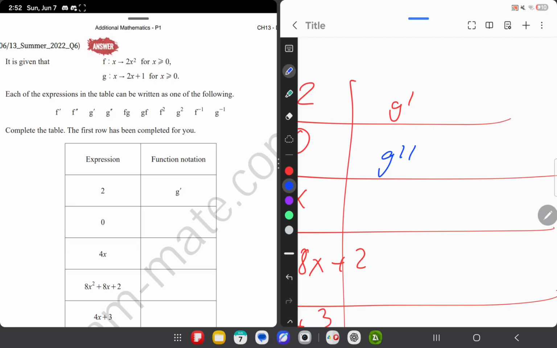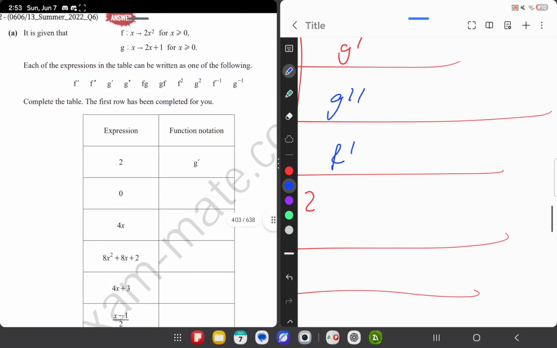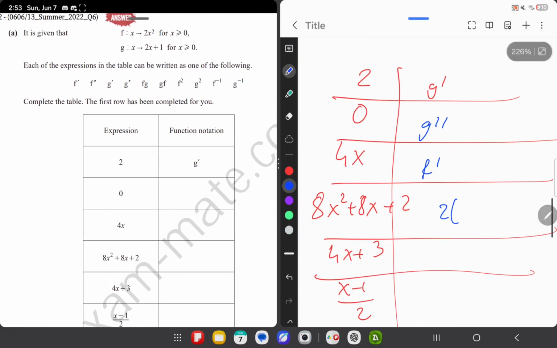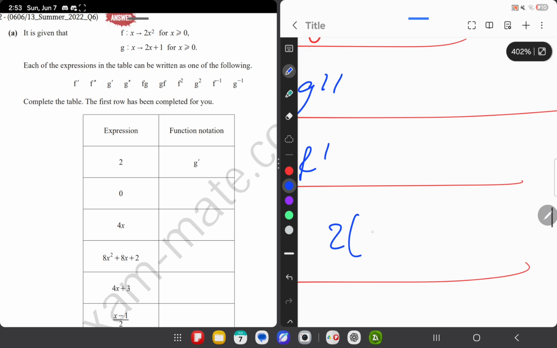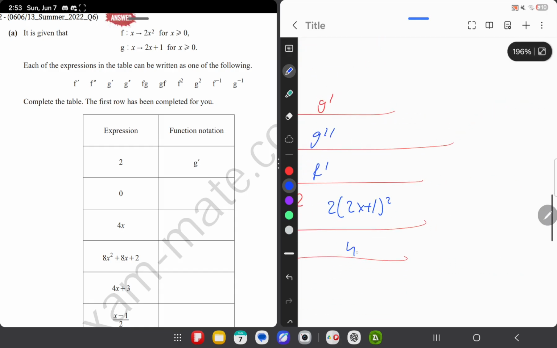So you can only use this I don't know how many times. 4x, and this is f prime. Nice. This could be found by 2 times 2x plus 1 squared, which expands to 4x squared plus 4x plus 1.